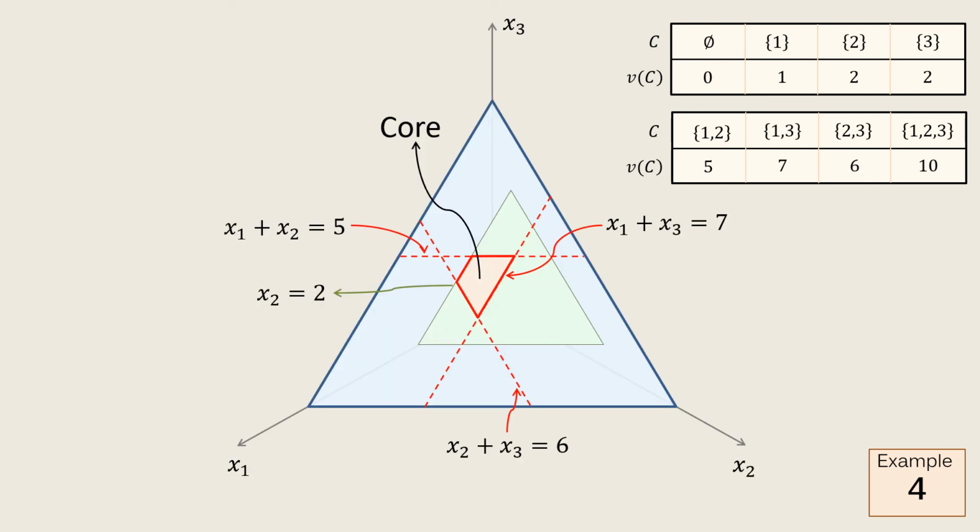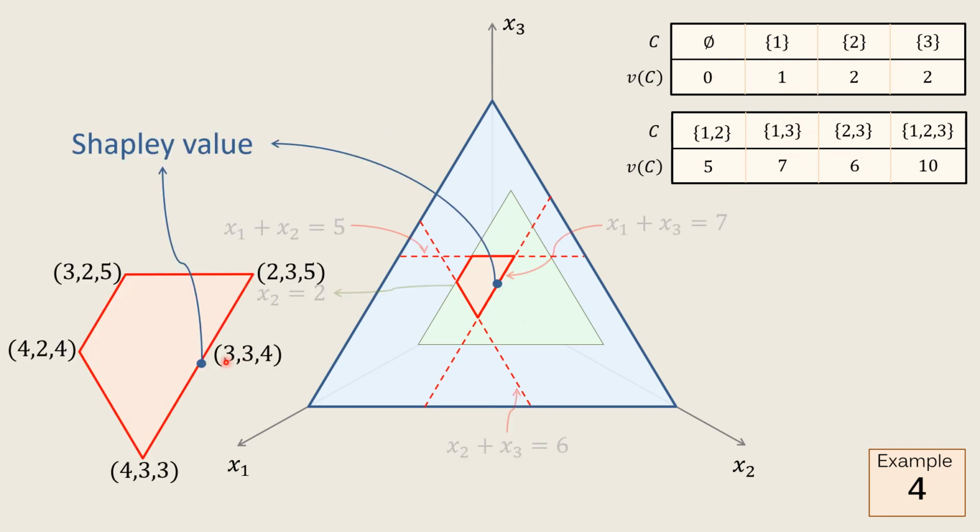So the Shapley values are 3, 3, and 4. Now, we have already seen that this red trapezoid represents the core of this game. And this is where the Shapley value is. It lies in the core because this is a convex coalition game.